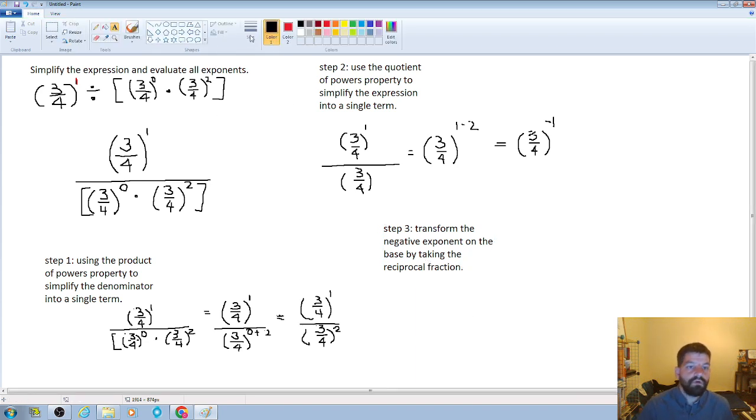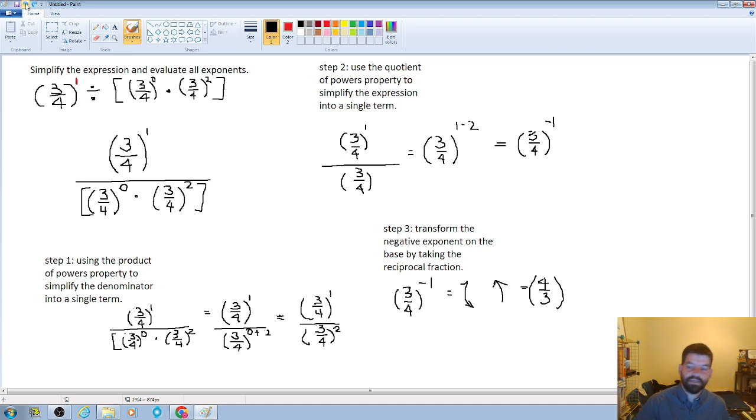So putting this visually, we have 3/4 to the -1 is equal to, and then I'll show the flip, 4/3. Now this will be to the first power.